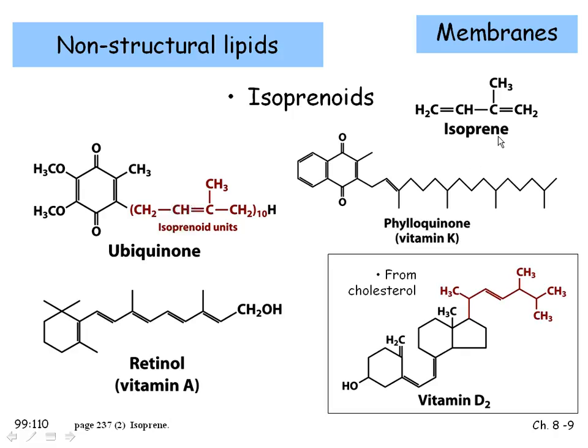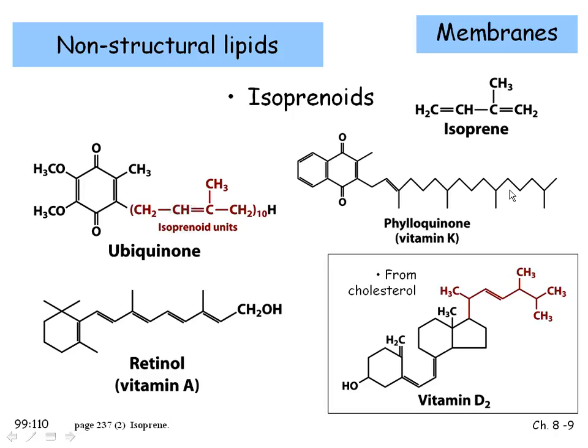And if you string more than one of these isoprene units together, you can make polymers of isoprene that are then called isoprenoids. And they turn up in funny places. So here's ubiquinone. We're going to meet ubiquinone when we talk about electron transport. And it has a tail hanging off of it of 10 of these isoprene units.